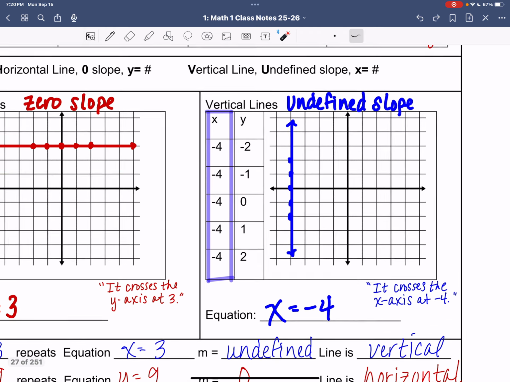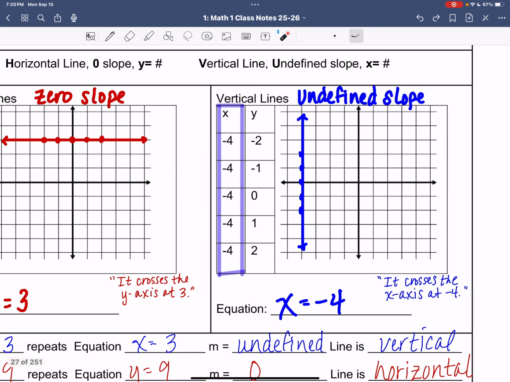Now, for VUX, you can also have a vertical line, which means it has an undefined slope, and you write the equation as x equals a number. So again, if you plot all of your points here, you go -4 down 2, -4 down 1, -4 0, -4 up 1, and then -4 up 2.